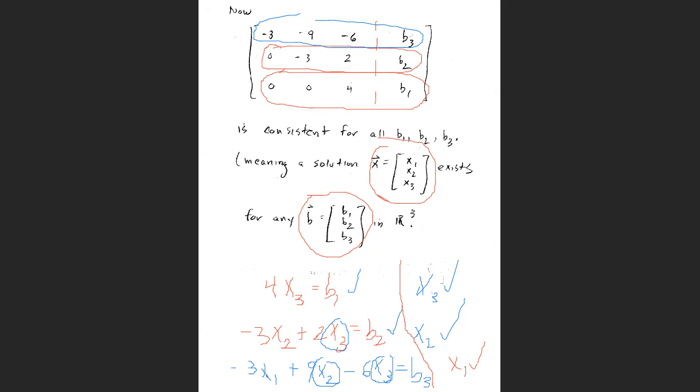Let me point something else out. Again, if you take that original matrix A and interchange the first and third rows, you'll get this matrix here. What can you tell me about each column?